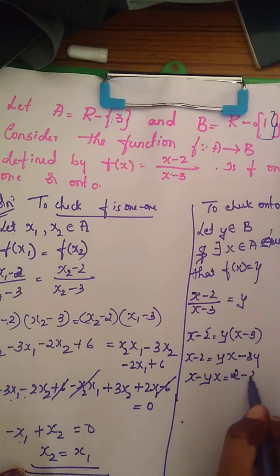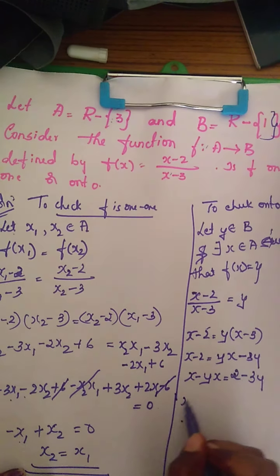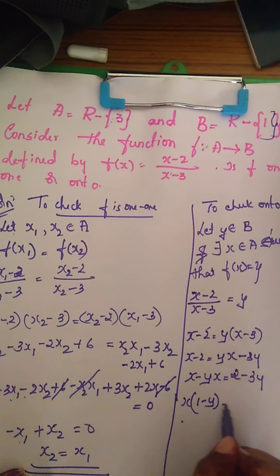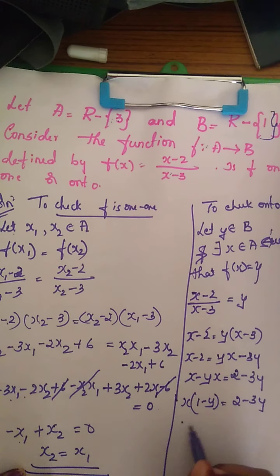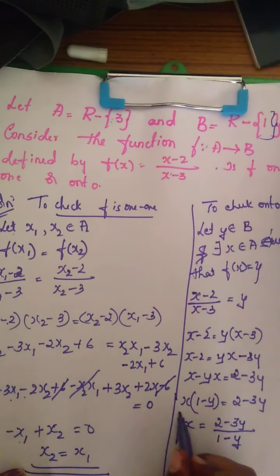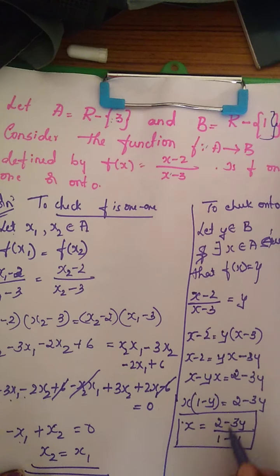So 2 minus 3y. I'll take x outside, since x is common. x into 1 minus y is equal to 2 minus 3y. So that is nothing but x is equal to 2 minus 3y divided by 1 minus y. So my x should be of the form 2 minus 3y divided by 1 minus y.